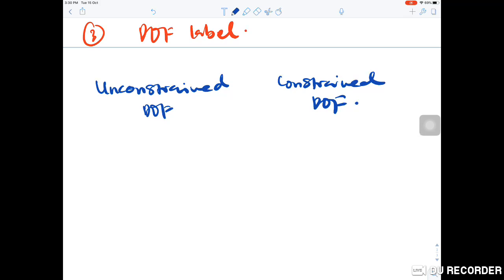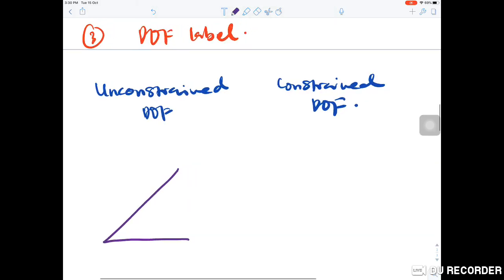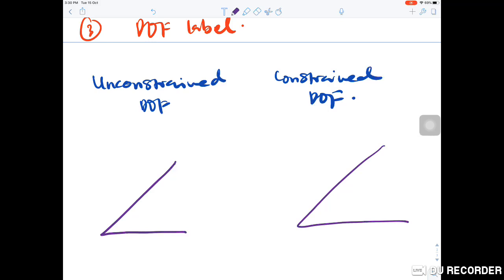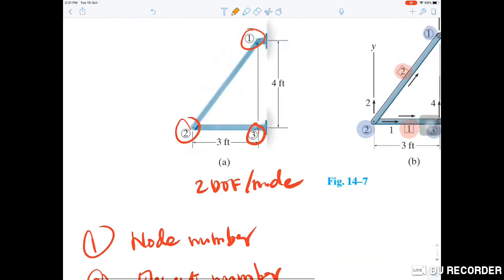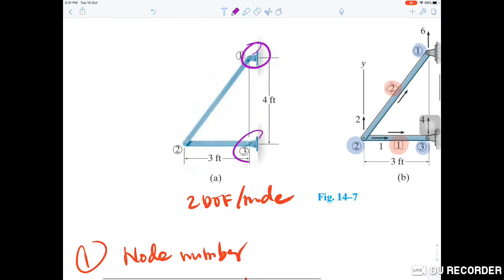Normally what I do is I will sketch the structure like this, for both systems. Remember that we will label the unconstrained based on the support. By looking at this diagram, node 1 is pin support, node 3 is also pin support.